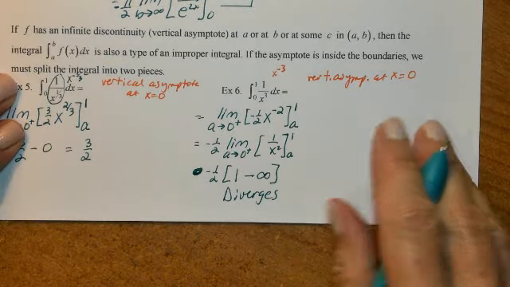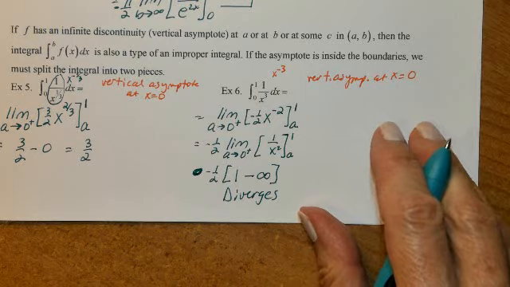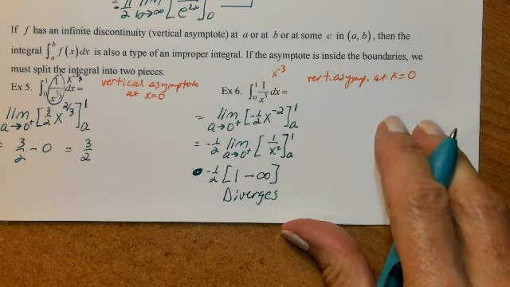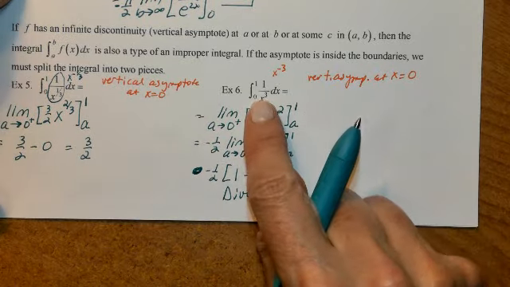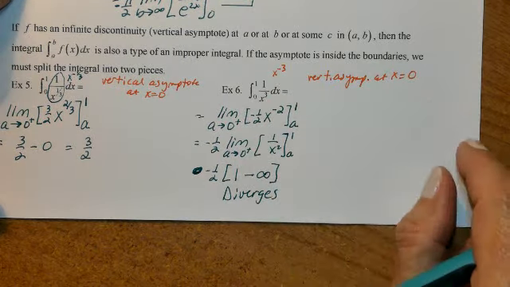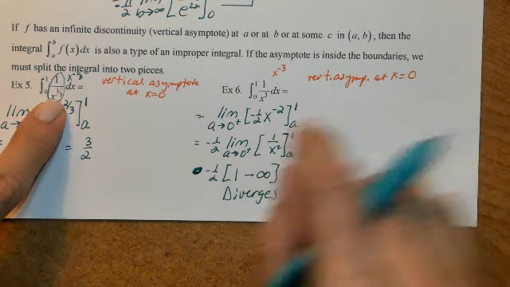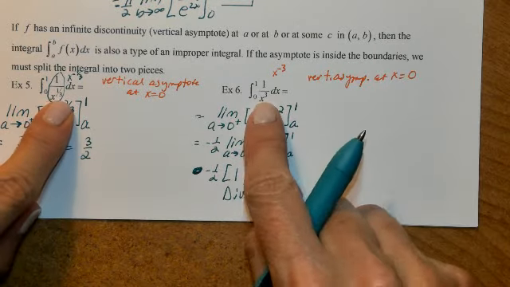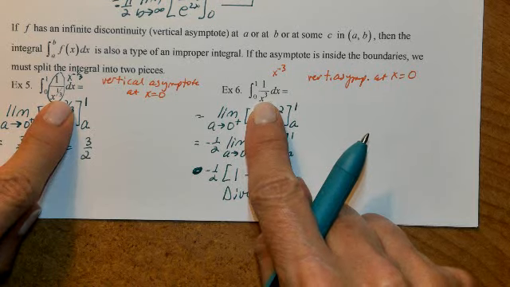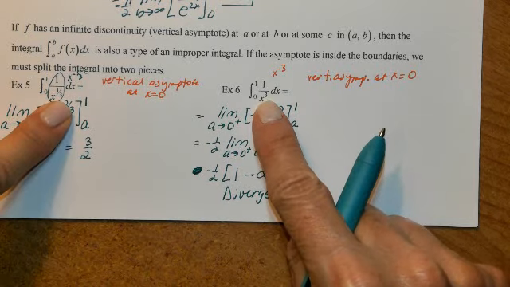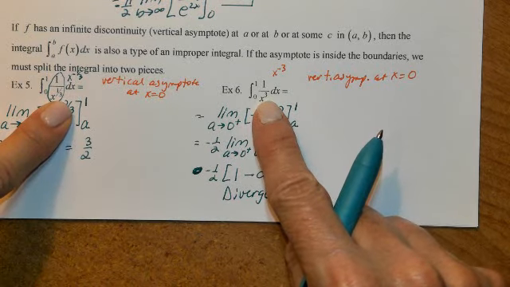If you get an answer that's going to infinity, then your answer diverges, which means this area was infinite. This area was just 3/2. Look how similar those two are. One of them went to infinity and one of them went to 1.5.